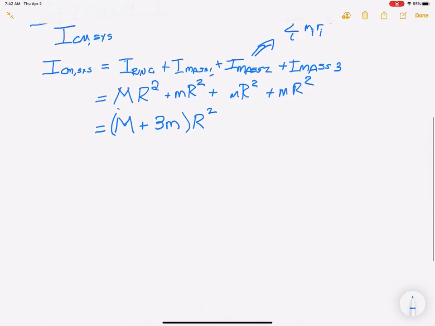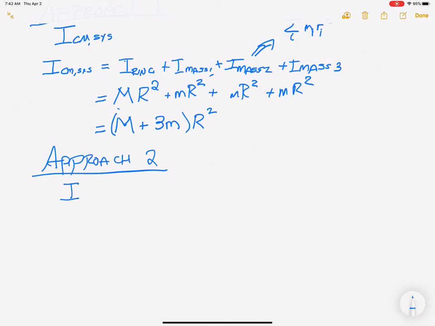Our next task is approach 2, where we said that we would need to get the I of the rotation of the ring plus its masses at the edge.